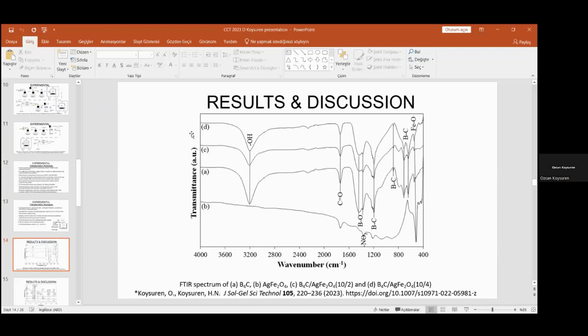Also C and D belong to the composite structure. We can see the peaks of both boron carbide and silver ferrite on the spectrum of the composite sample. This just proves the chemical structure of the composite and the pure samples.